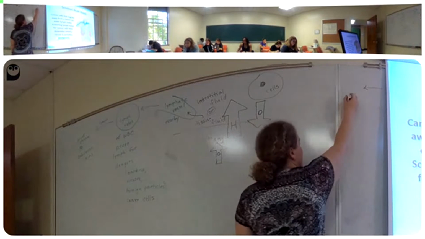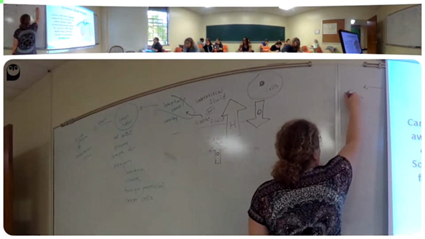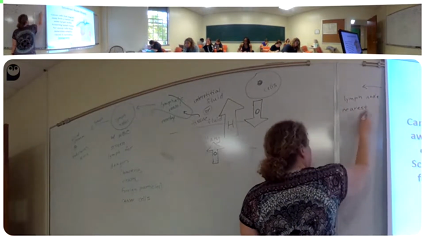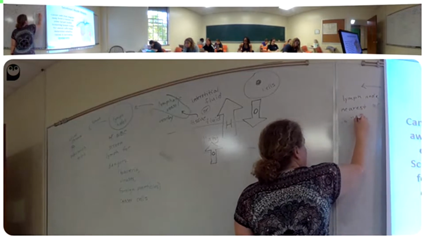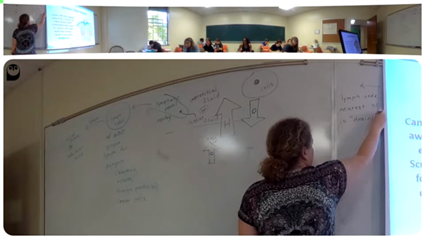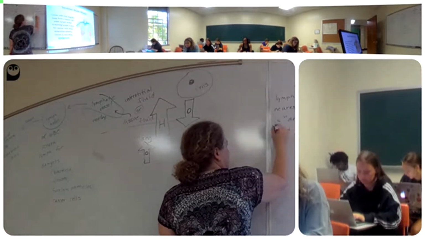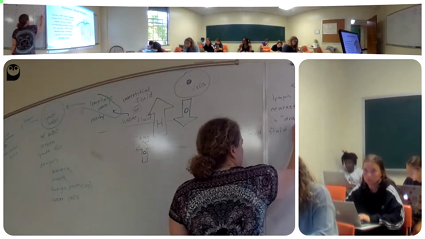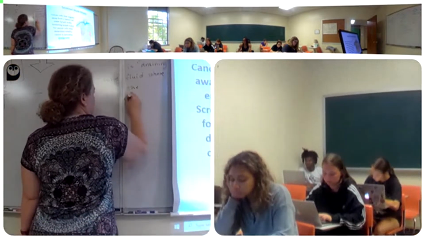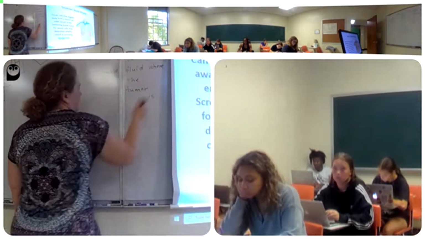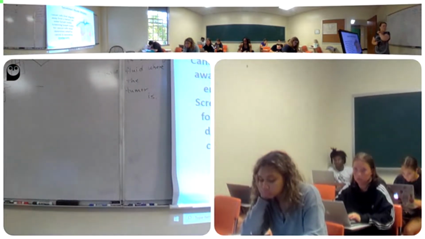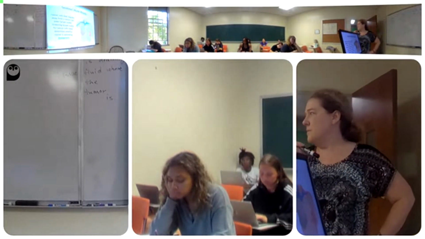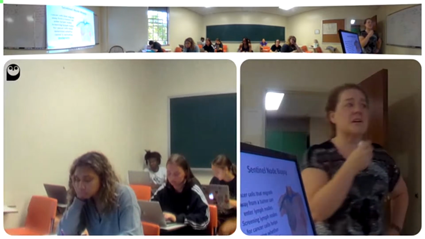So sentinel node means the lymph node that is nearest or is draining the tissue fluid where the tumor is. That's the lymph node we want to look in to see, has cancer come into this lymph node and do we have some cancer cells stuck in there?